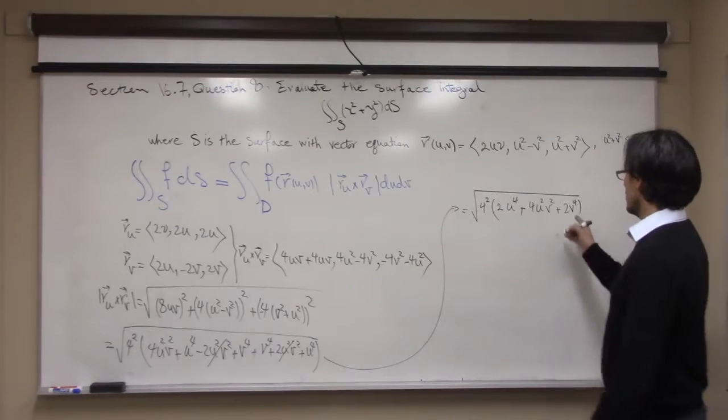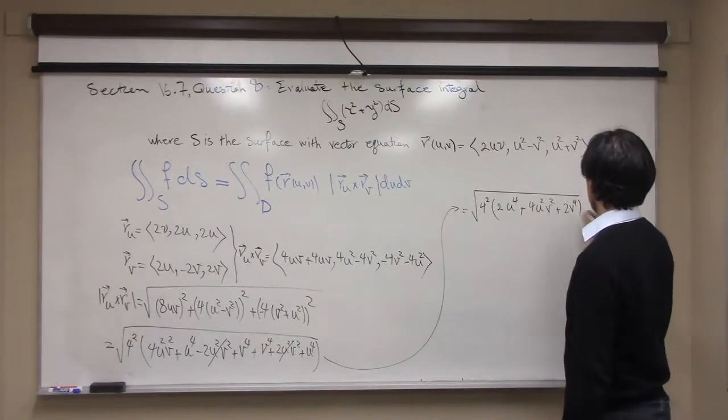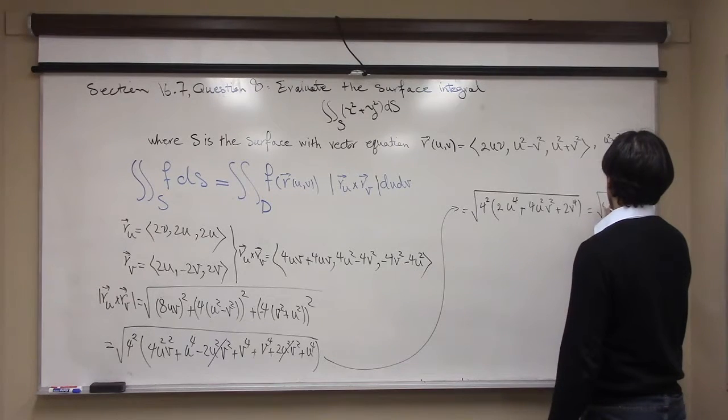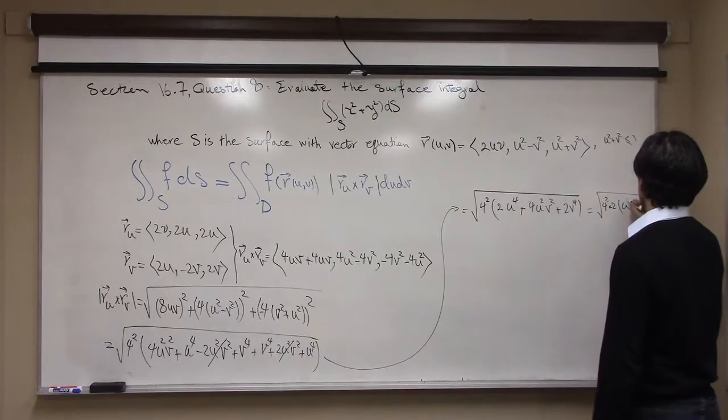Now I can easily see if I factor out 2, I'm going to get 4 squared times 2. The remaining would be u squared plus v squared, squared.